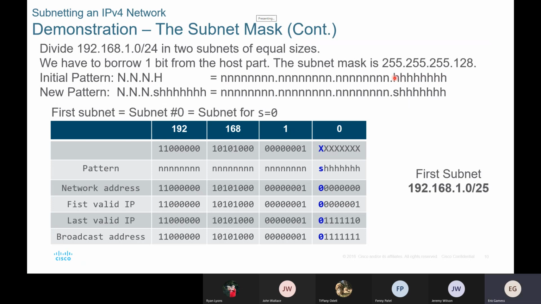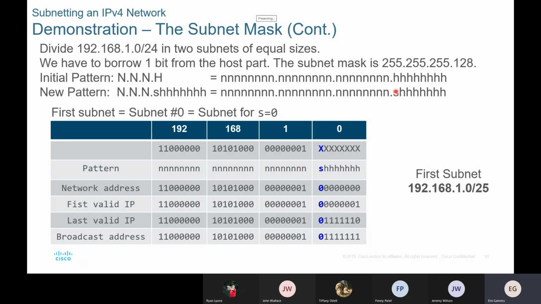I'm going to borrow this bit and convert it, which was initially a host bit, into a subnet bit, which means that I'm going to go from a /24 to a new subnet, which is a /25, saying that the first 25 bits will identify the network portion. So instead of putting an N here, we put an S, saying that this is a subnet bit.